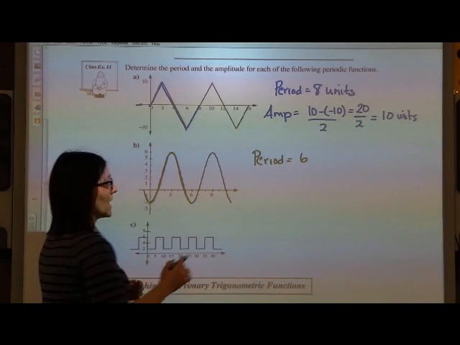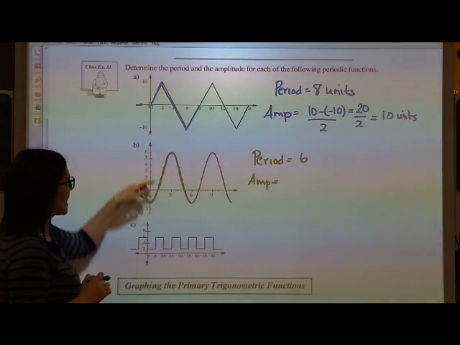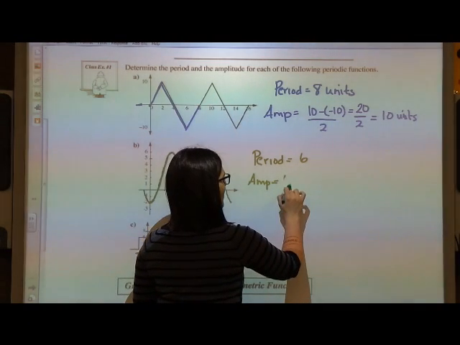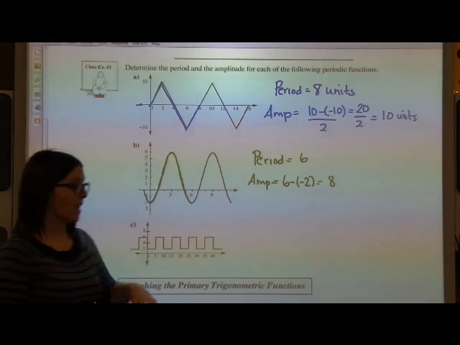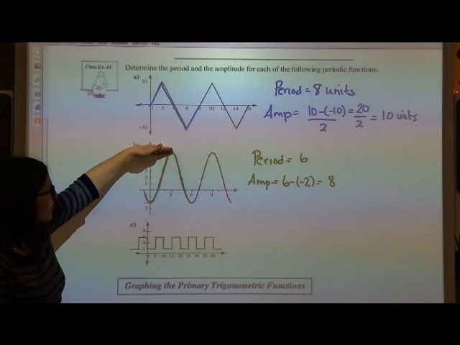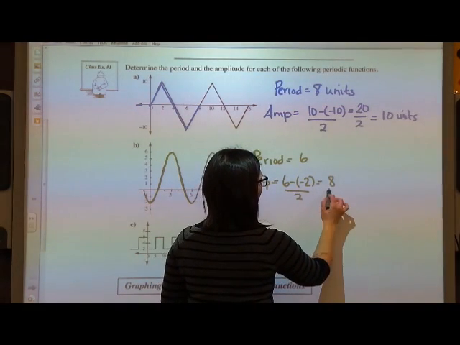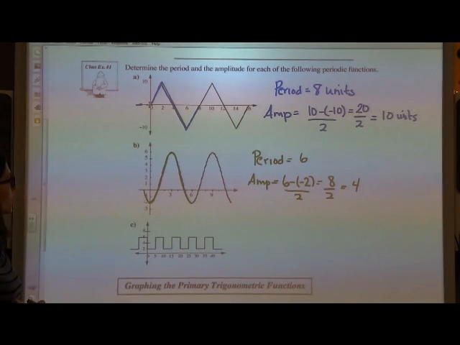Now when I go to look at the amplitude, I take this maximum value, which was 6, and subtract the minimum value, which is negative 2. That gives me a distance of 8 units. It takes 8 units to go from the top to the bottom. Half of that becomes my amplitude. So I get an amplitude of 4.